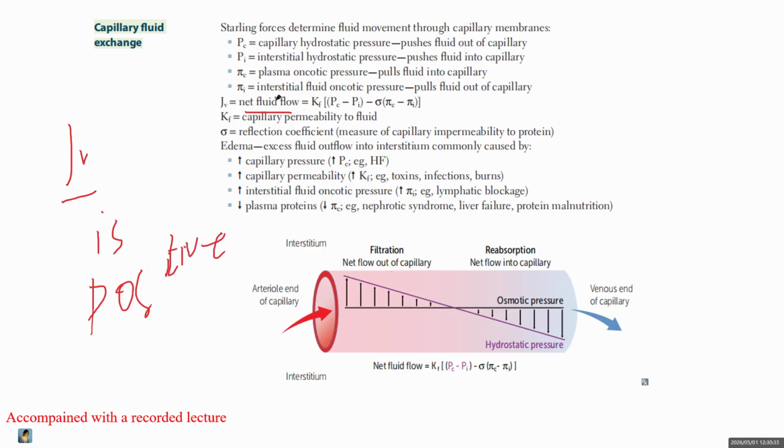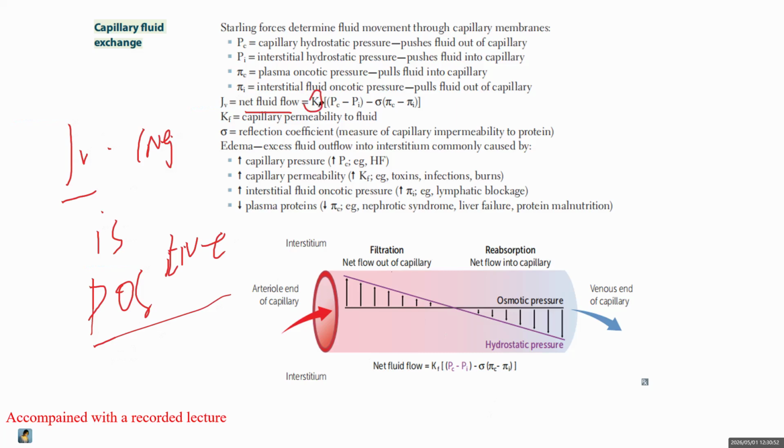If this JV, the net fluid flow, is positive, we can say that the net fluid movement is out of the capillary. If this JV is negative, we can say that the net fluid movement is into the capillaries.